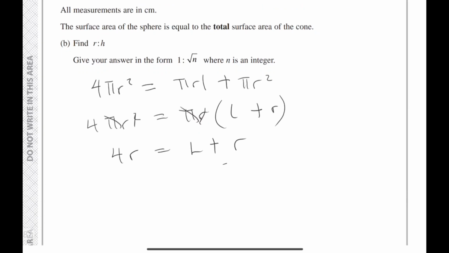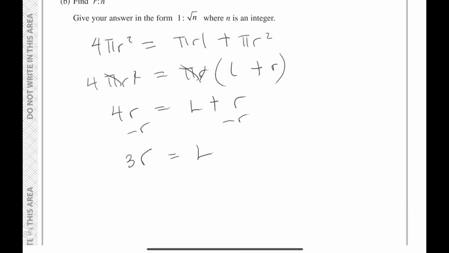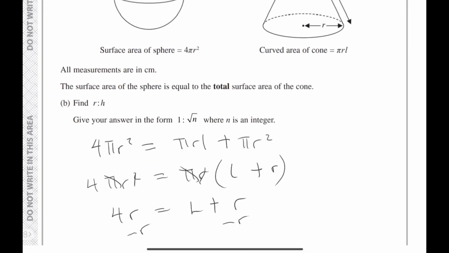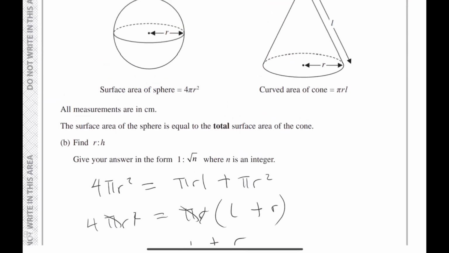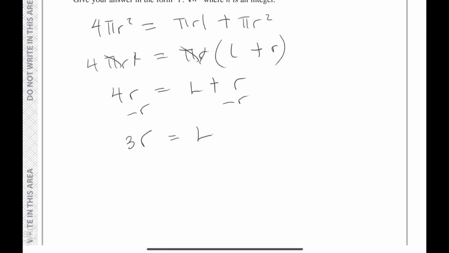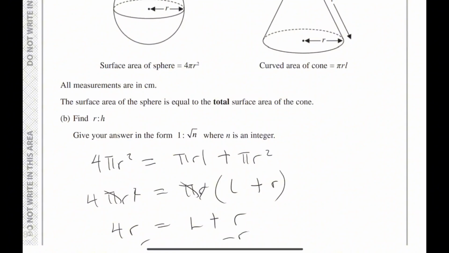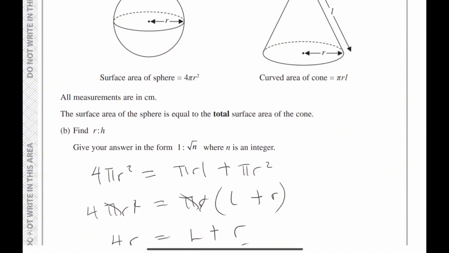So minus r from both sides, so that means 3r is equal to l. Correct? So that means l is equal to 3r. Okay.